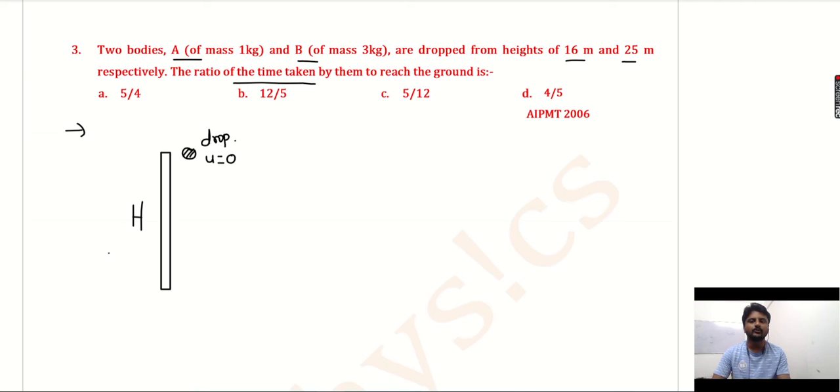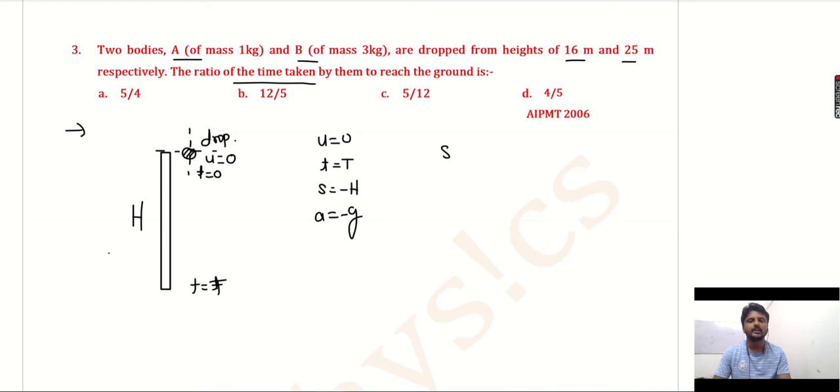Dropping means initial velocity is 0, at t equal to 0. Let's say the time required to come to the ground is capital T. So we can write u is equal to 0, time taken is capital T, displacement is equal to minus h, and acceleration is equal to minus g, because this is your origin and everything is happening in the downward direction.